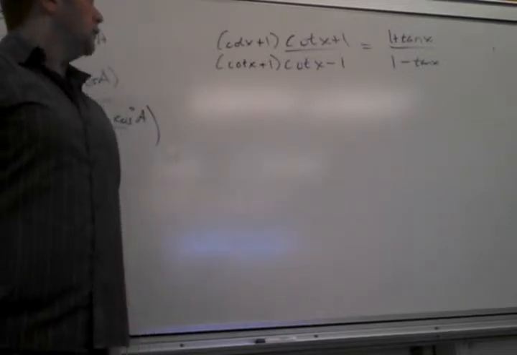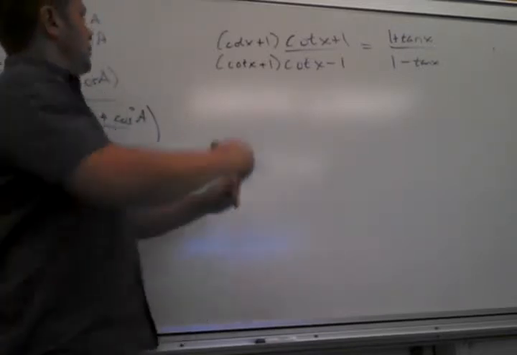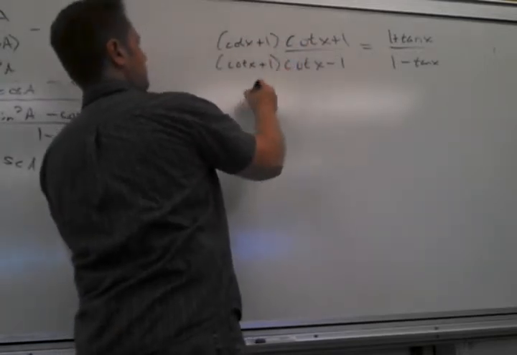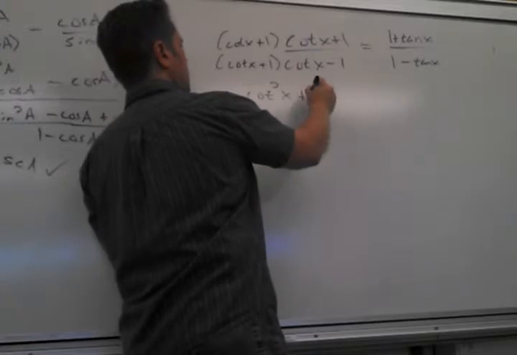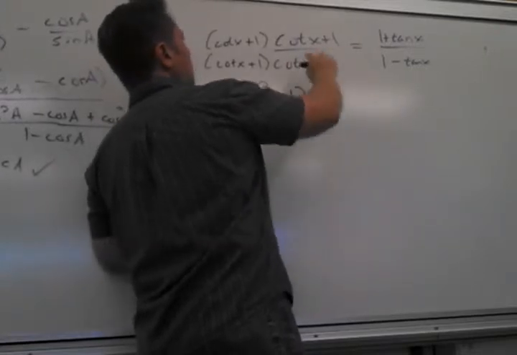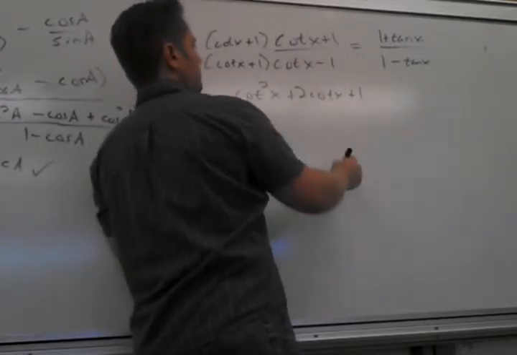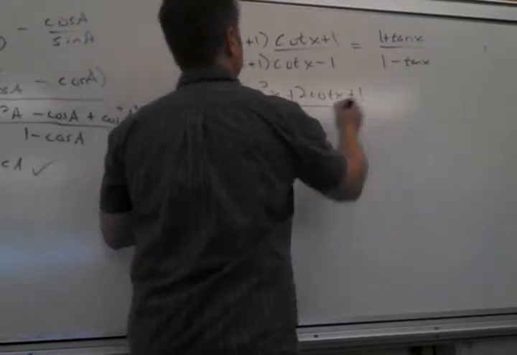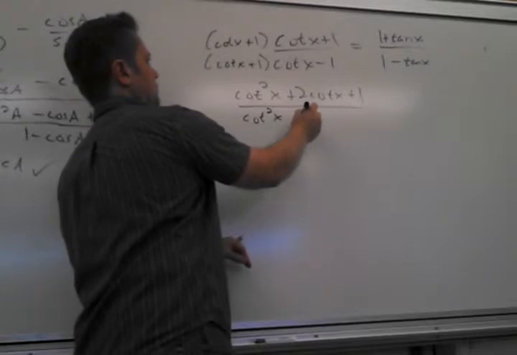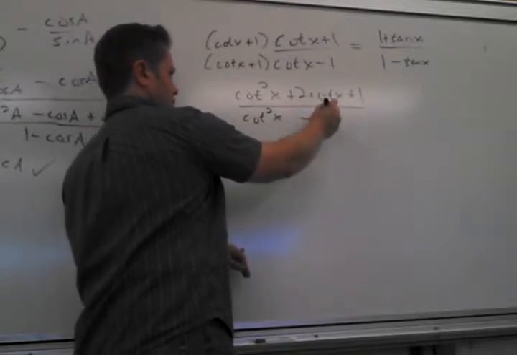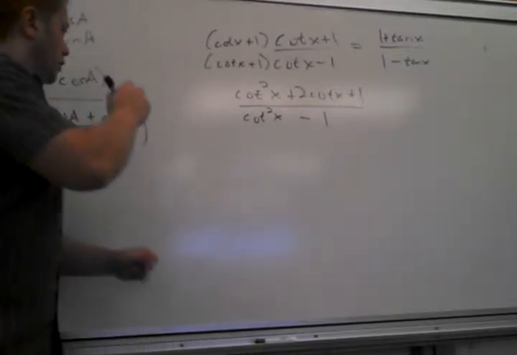On top you get cotangent squared plus cotangent plus cotangent plus 1. And on the bottom I get cotangent squared x minus 1.